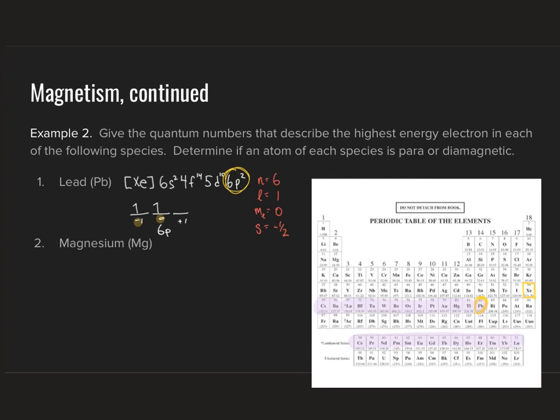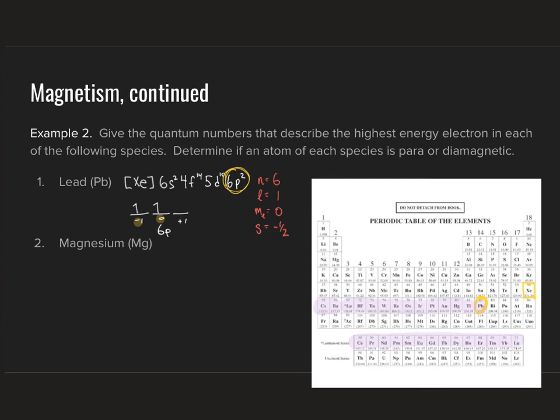The second part of our question was to determine if the atom of lead is going to exhibit para or diamagnetism. And it might be tempting to think, well, this is going to be diamagnetic because it ends in an even number of electrons. But remember, Hund's rule tells us that the electrons will always occupy an unoccupied suborbital at a given energy level before they pair off.